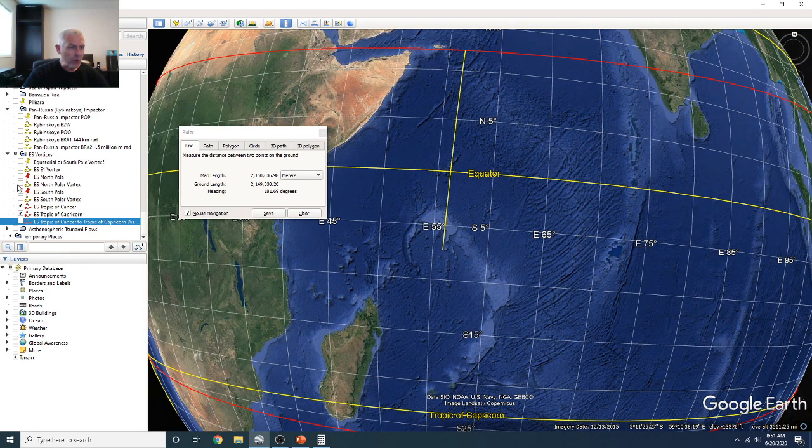Now we're going to look at equatorial. Whoops, wrong guy. Well, that puts it smack on the equator. Wow. Okay, that's my plot. And of course, that plot is as close as I could determine the center of this sphere right here.